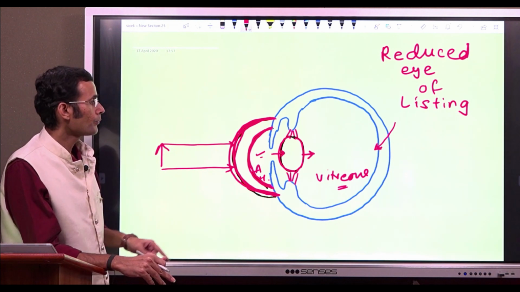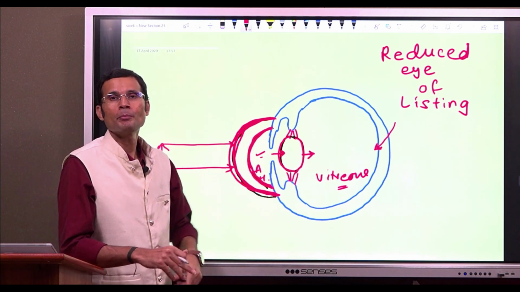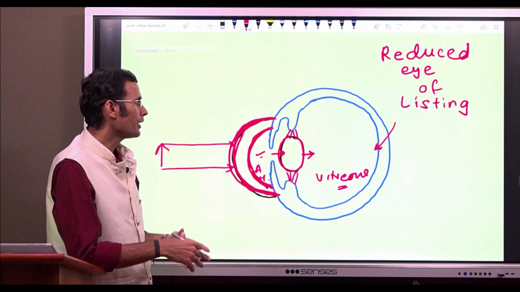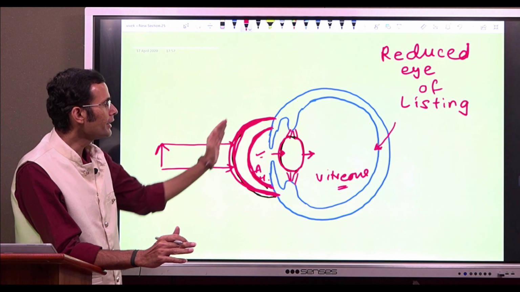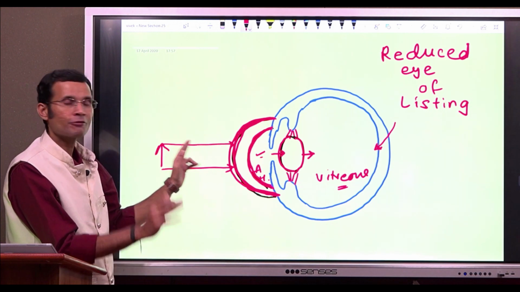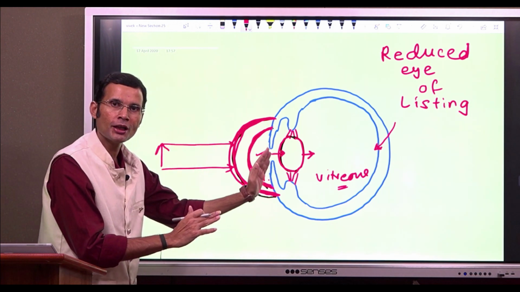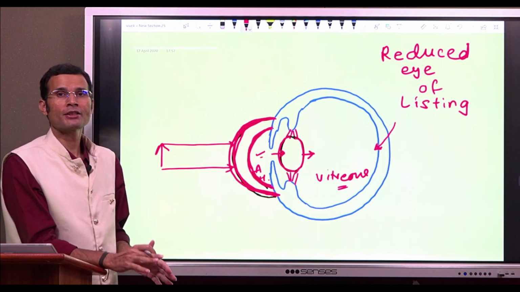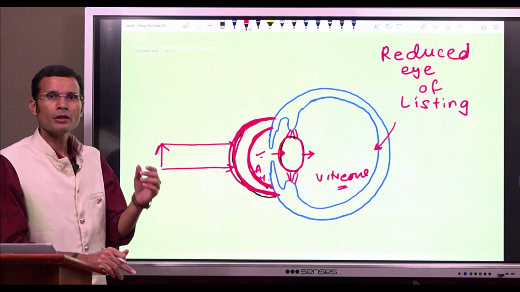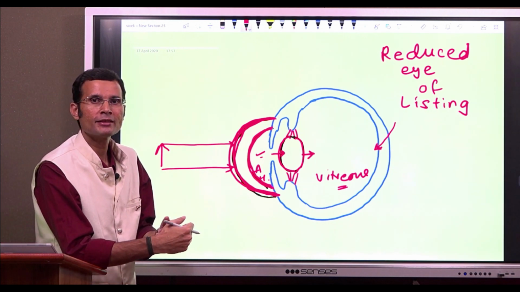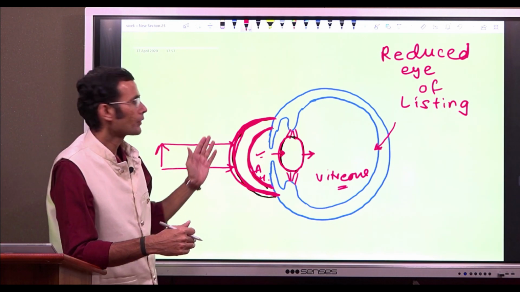And therefore, out of all these refractive media, maximum refraction is going to occur at the anterior surface of the cornea. When the light rays from the air are entering the cornea, maximum refraction will occur because of the greatest difference of refractive indices between air and the cornea.